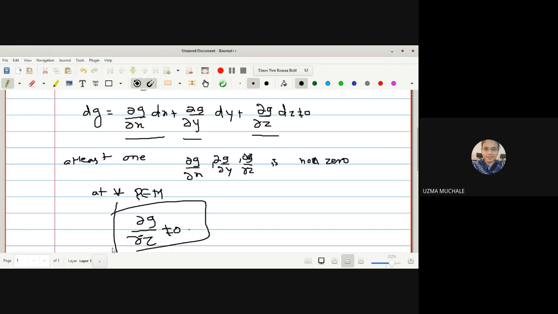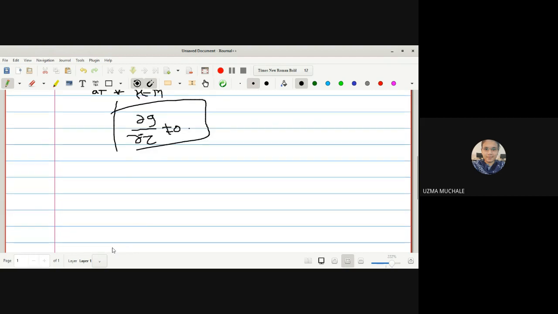Now can anyone tell me what do you mean by dou g by dou z is not equal to 0, for any point P on the whole surface? There is some part of the surface in the Z plane.